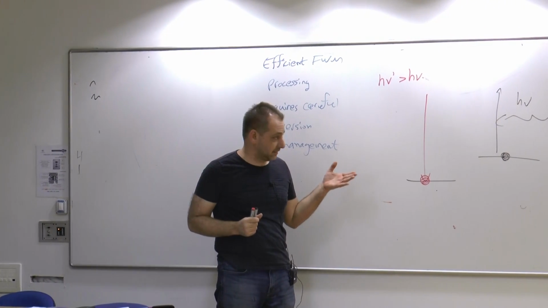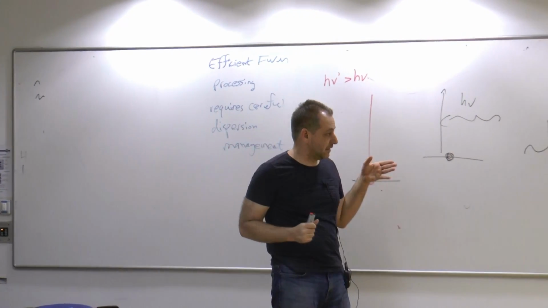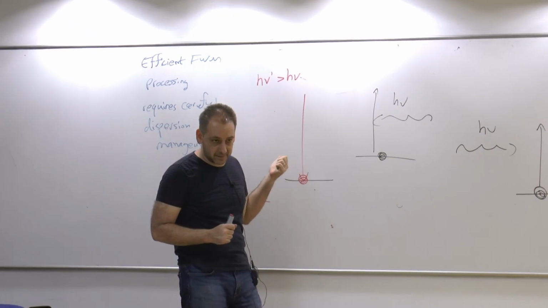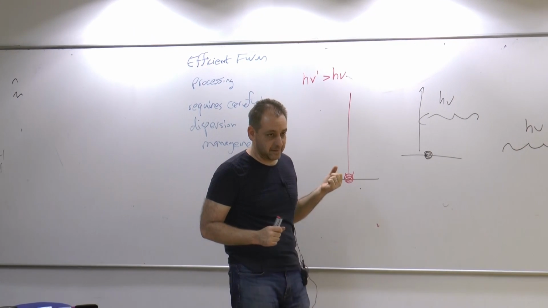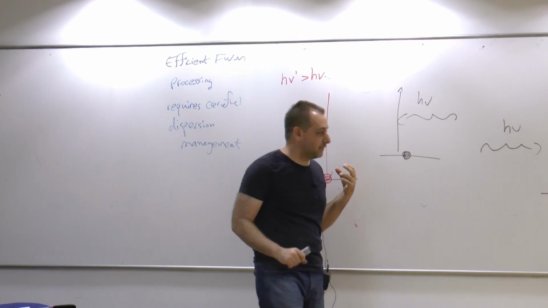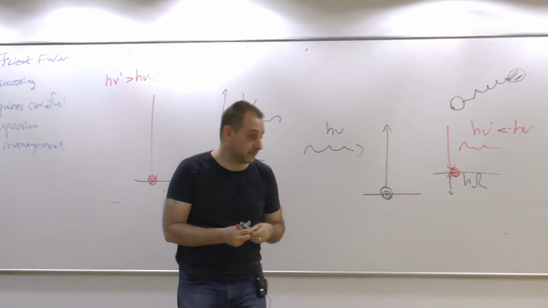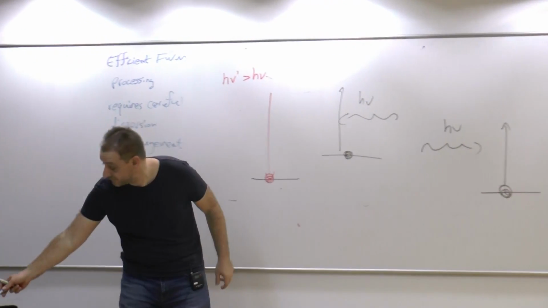What this tells us is that light can be absorbed or generated or amplified in case there are very specific offsets in frequencies. Let me put this down in words.